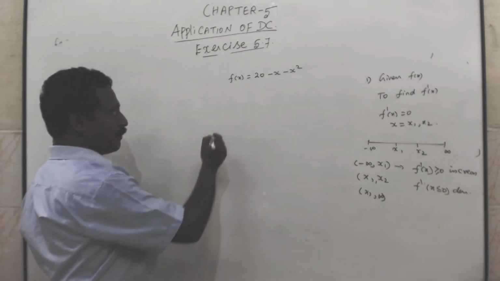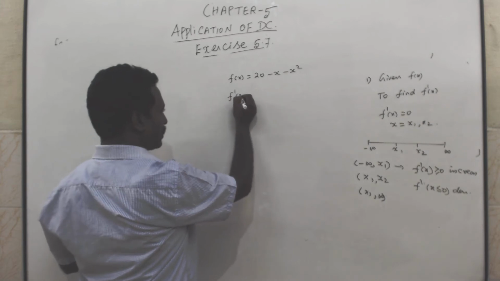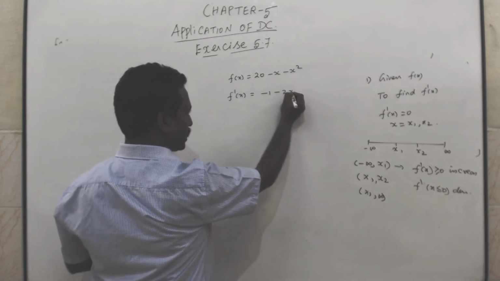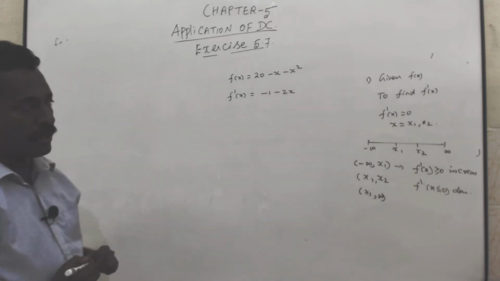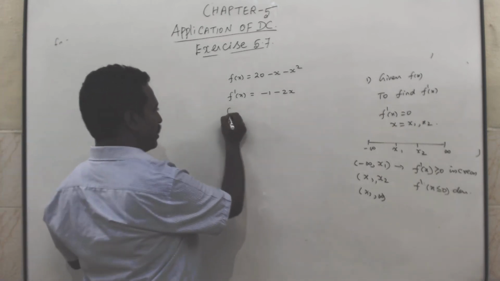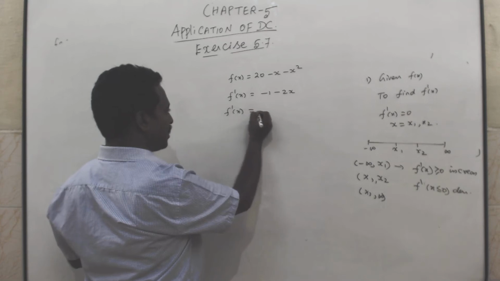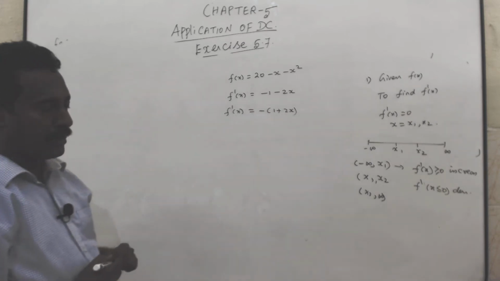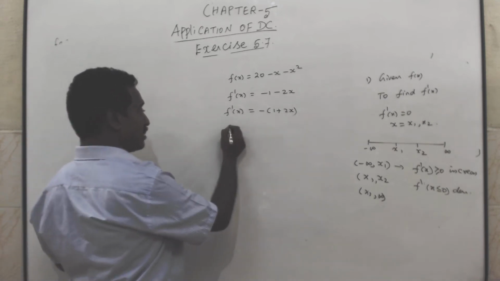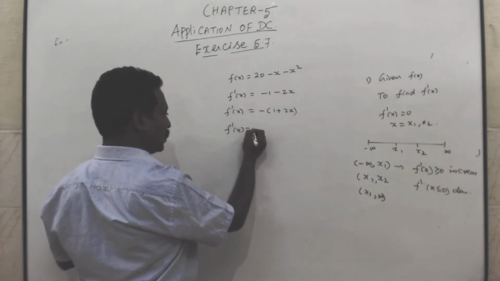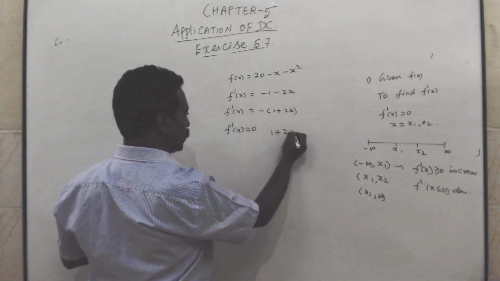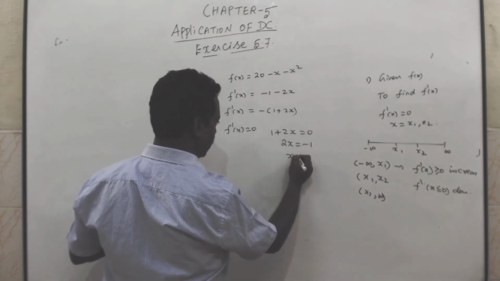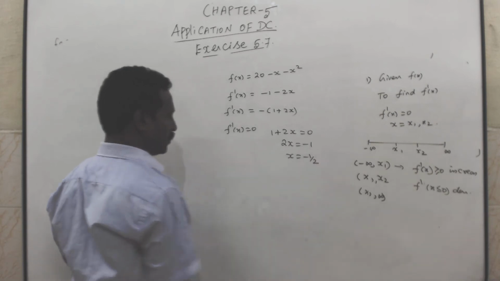What is the first step? f dash of x is minus 1 minus 2x, that is f dash of x equals minus of 1 plus 2x. Then f dash of x equal to 0, so 1 plus 2x equal to 0, 2x equal to minus 1, x is equal to minus 1 by 2.